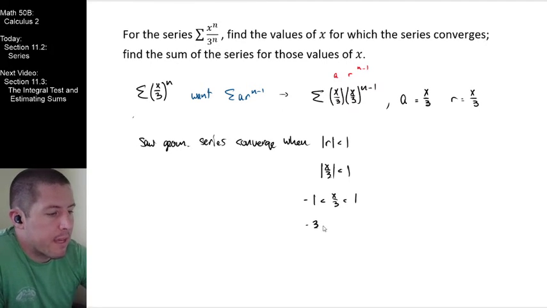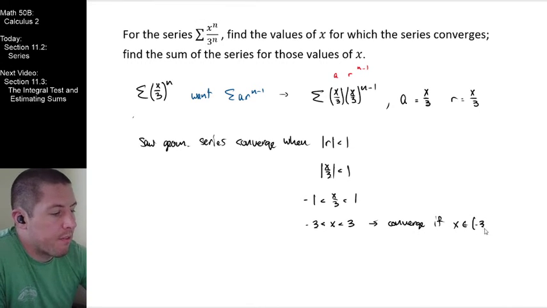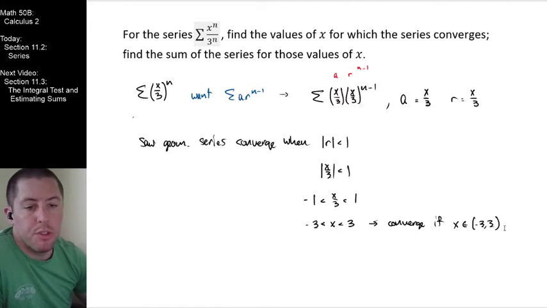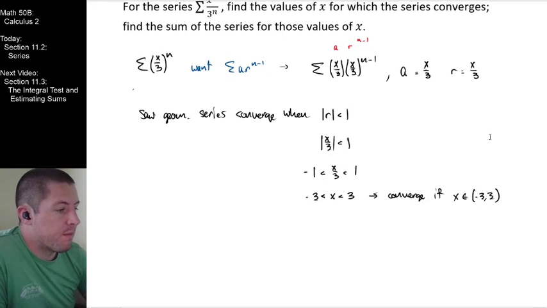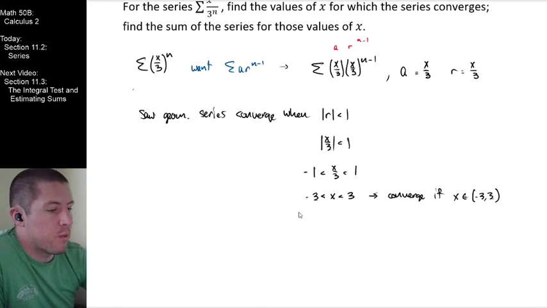And by doing some multiplication, negative 3 is less than x is less than 3. So it converges if x is in the interval negative 3 to positive 3, not inclusive right there, right? Those are not equal to's right there. So for all other x values, this series will diverge.